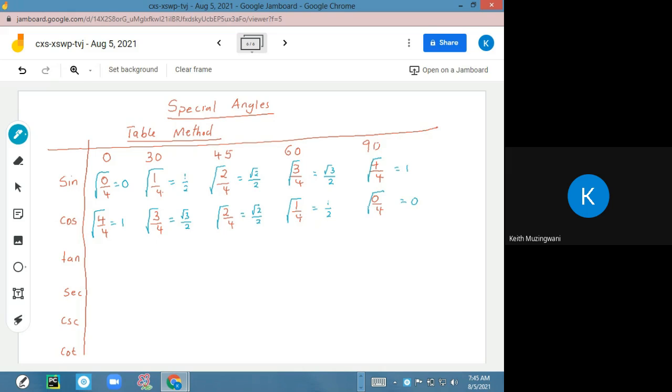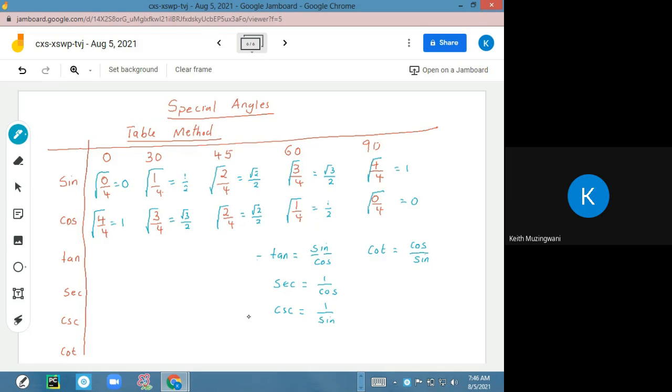Okay, so now you should be able to finish for tan, sec, cosec, and cot. That's your homework now. Just remember that tan is sine over cos. That sec is just 1 over cos. That cosec is just 1 over sine. And that cot is just cos over sine.